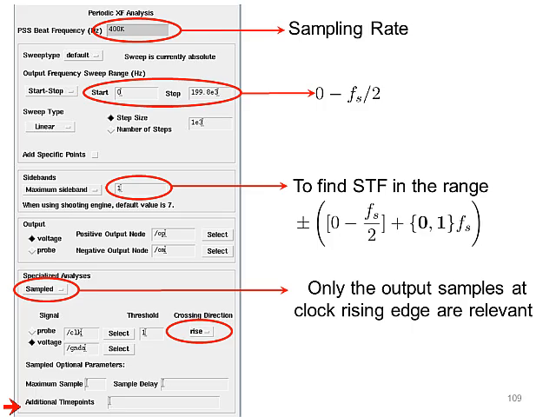This shows an example setup of periodic transfer function analysis. I took an example where the sampling rate of the modulator is 400 kilohertz.